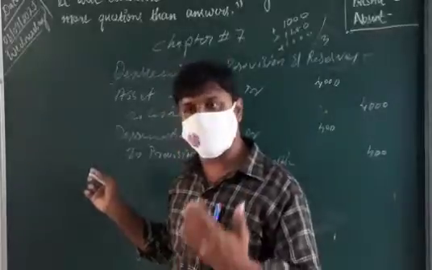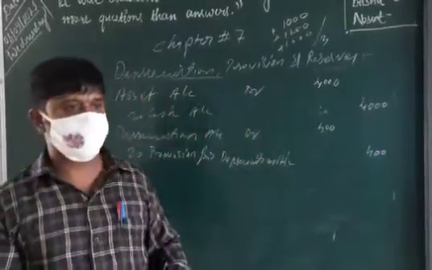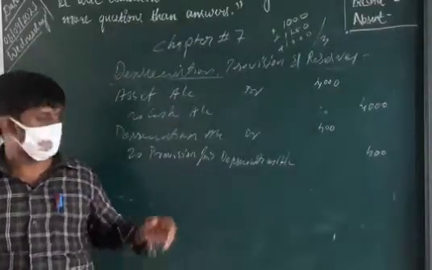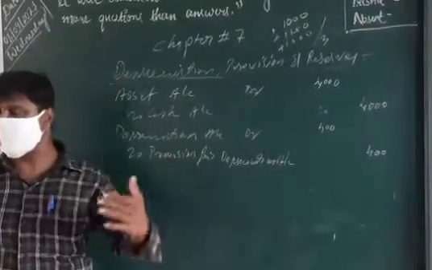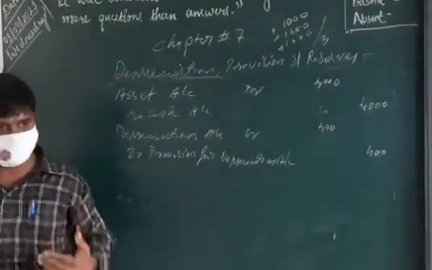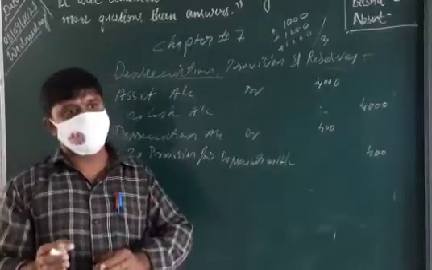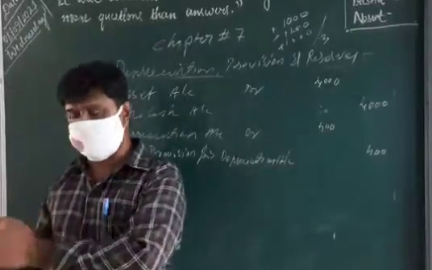That detail about provision you will study in the coming classes. But you understand that if we are not paying money for the upcoming expenses, or that expense is coming, then in order to meet that expense, we already keep some amount separately.